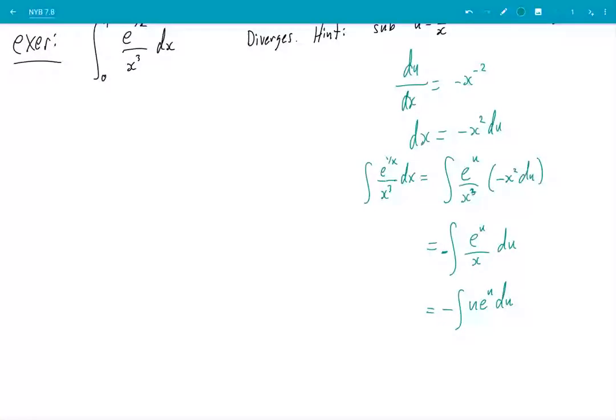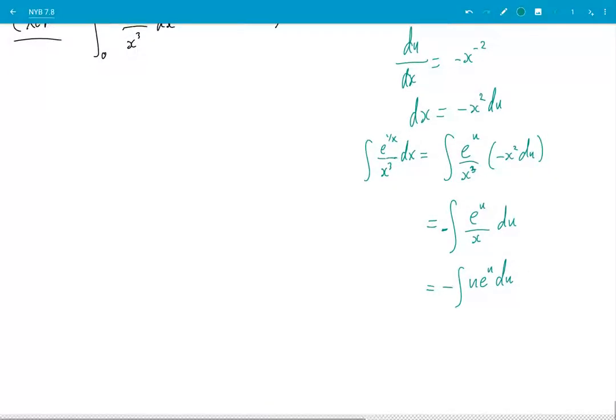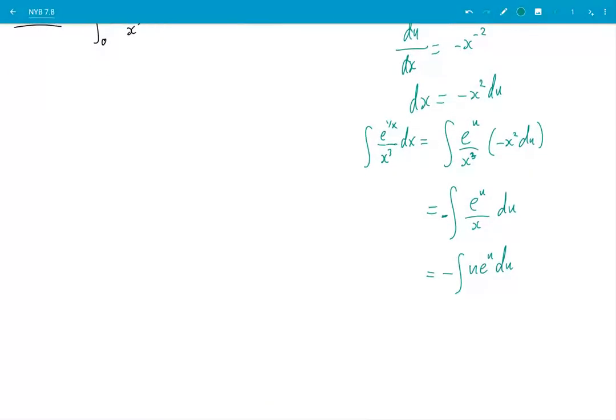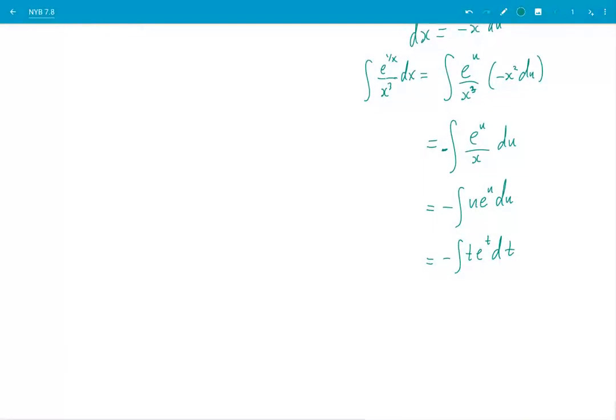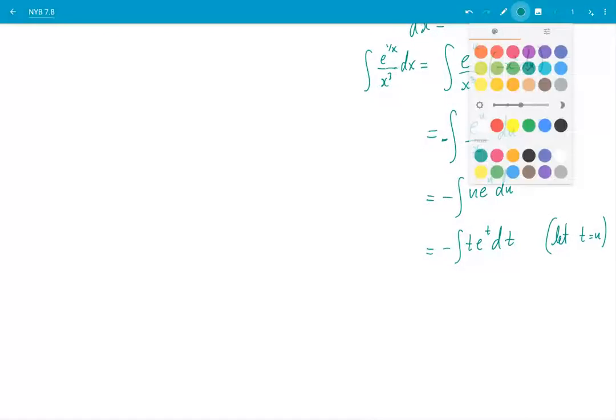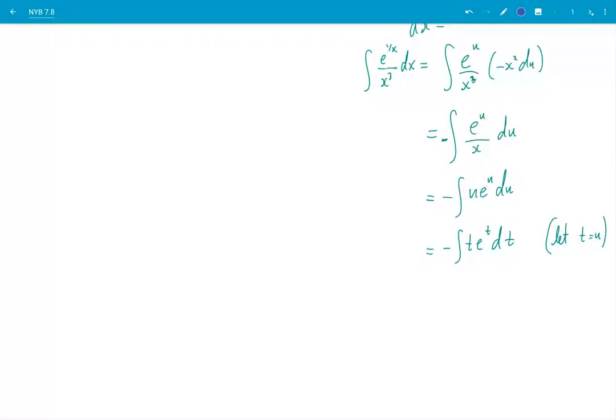Then what do I do? Integration by parts. Let's just change our variables here, because I can, and I want to use u again for my by parts. So u is equal to t, dv is equal to e to the t dt. This is all very routine stuff.